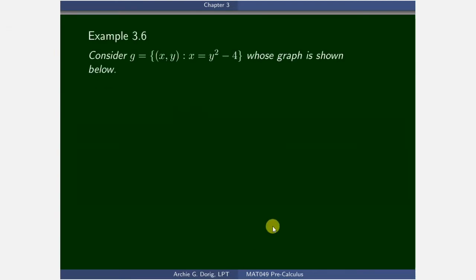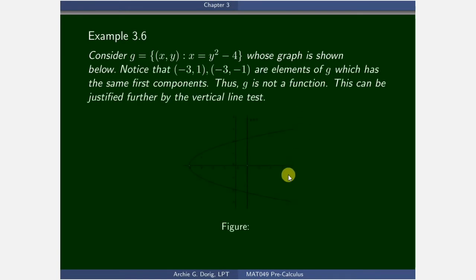Another example, consider the relation G with the elements of the ordered pair (x, y) such that x equals y squared minus 4, whose graph is shown below. Notice that the ordered pairs (negative 3, positive 1) and (negative 3, negative 1) are elements of G. These elements of G have the same first components.